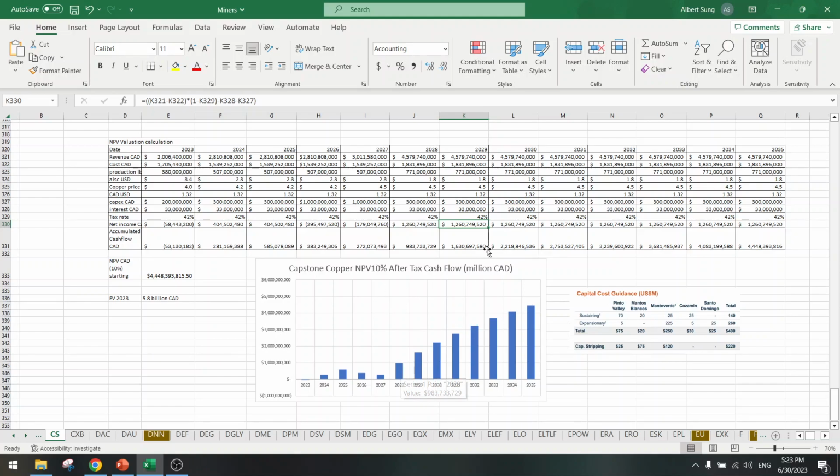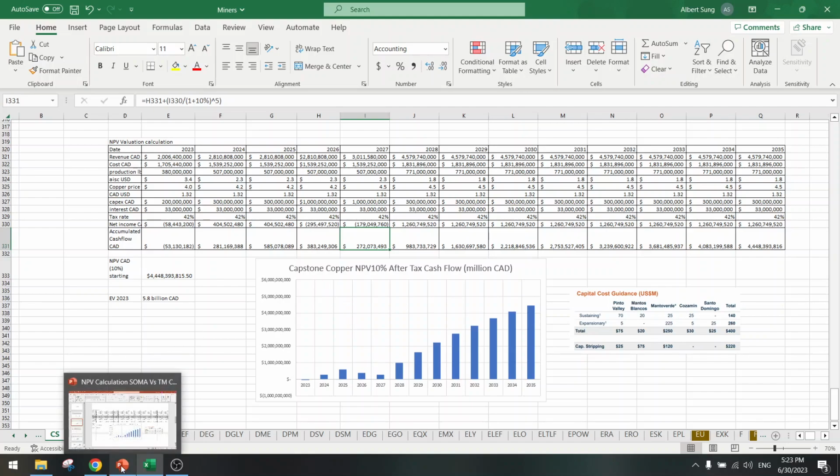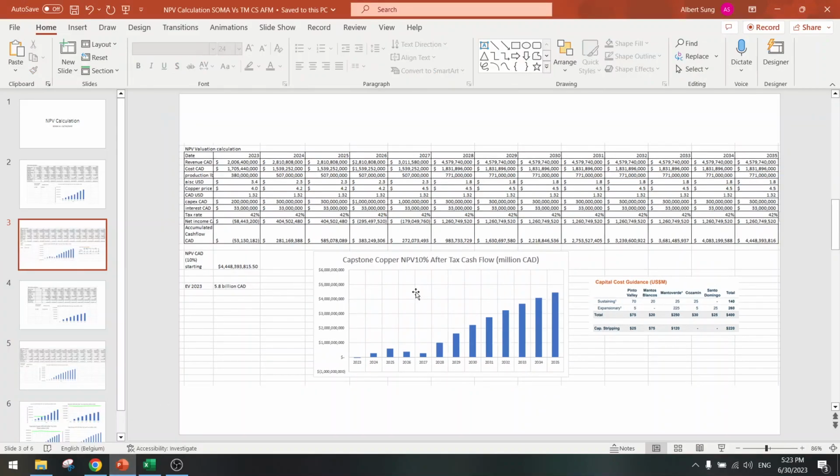And then the share price will probably start rising. So everything depends on that Santo Domingo project that they still need to build. Okay, so that's Capstone Copper. It's pretty overvalued.